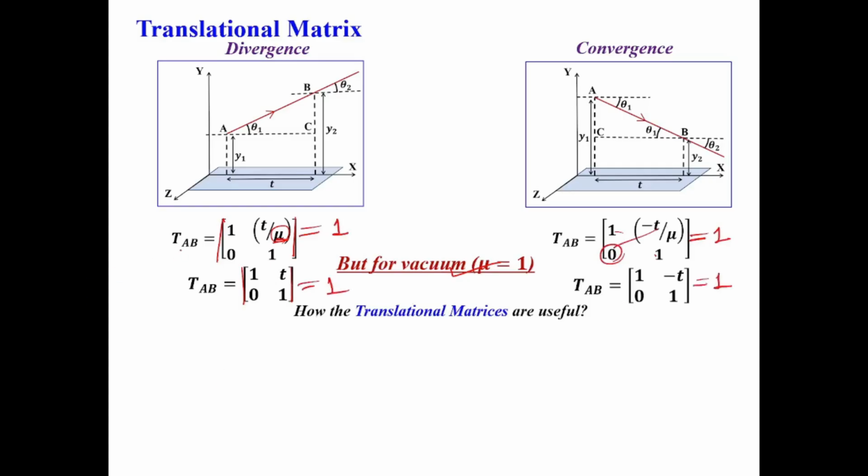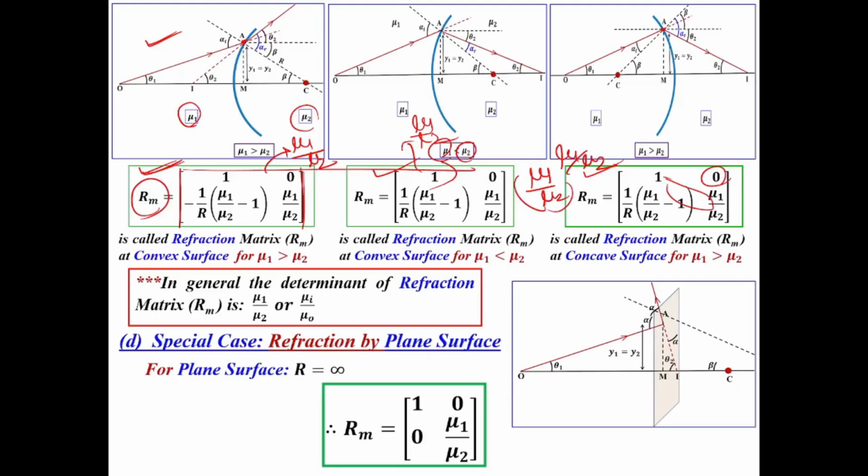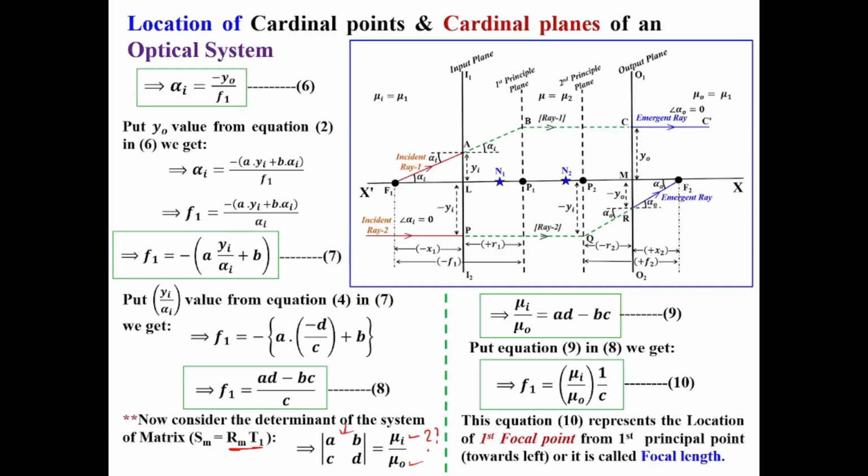So for any translational matrix we consider, the determinant value is 1. In the refraction case, the determinant value is mu1 by mu2.